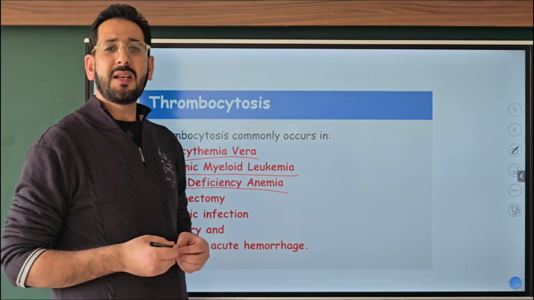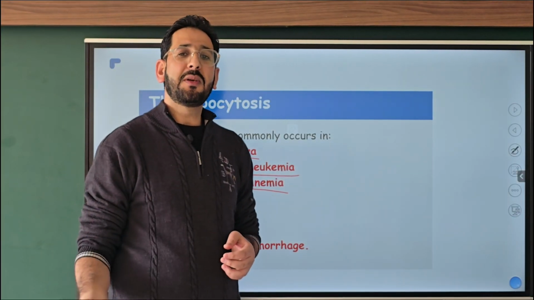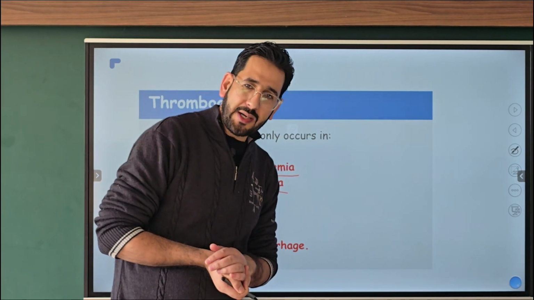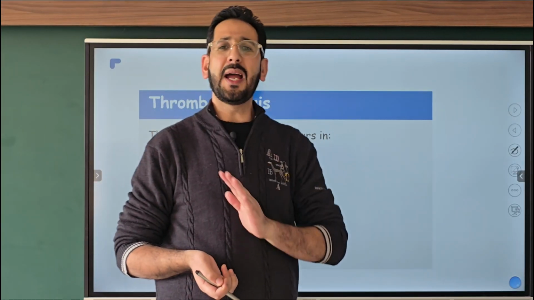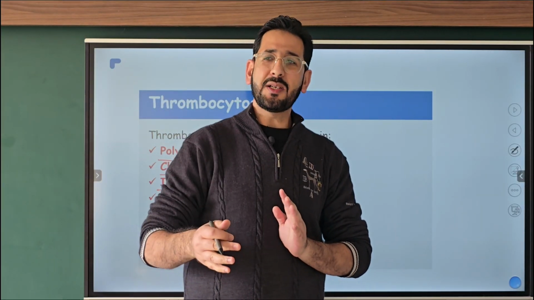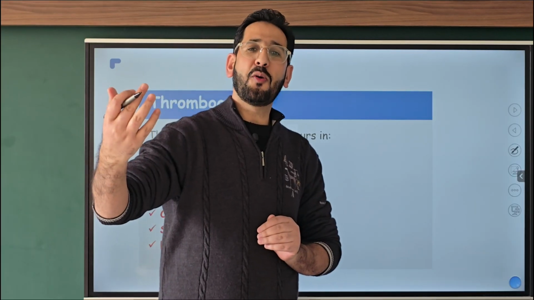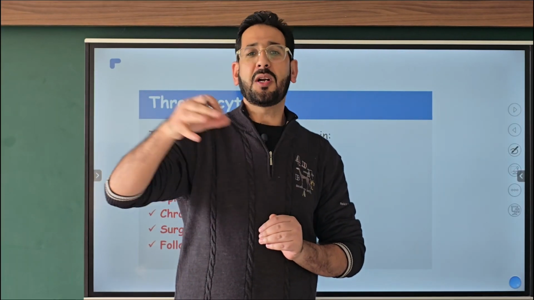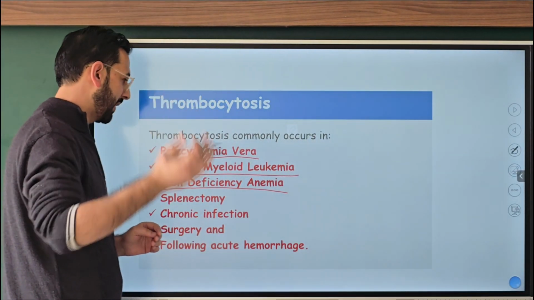If there is anemia, what will happen with the feedback mechanism? There will be secretion of erythropoietin, and that erythropoietin sometimes cross-reacts, and that erythropoietin not only stimulates the bone marrow for the production of RBCs, it will stimulate the bone marrow for the production of these platelets as well, and that will lead to increased platelet count.